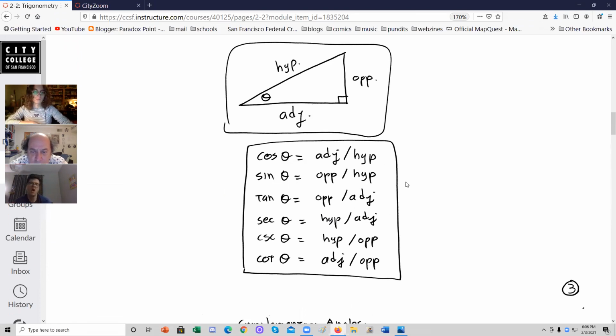Here's the reason why there are six trigonometric functions: there are three numbers here, adjacent, opposite, and hypotenuse, and there are six ways to take ratios of them. This over this, this over this, this over this, and the other way around. Six ways, and therefore these six functions.